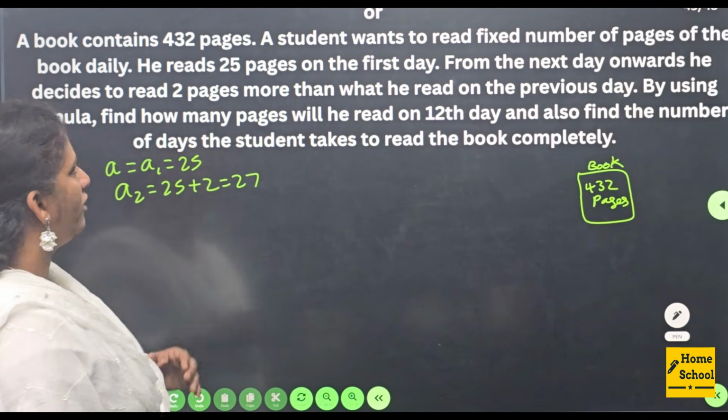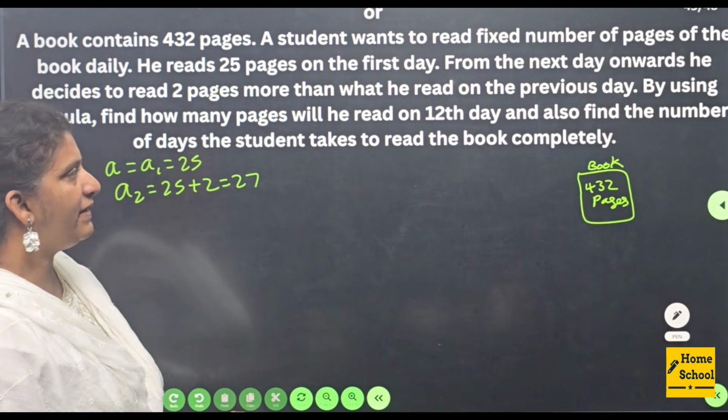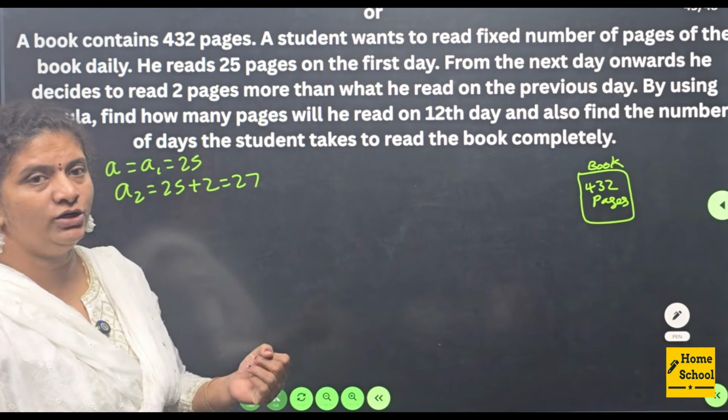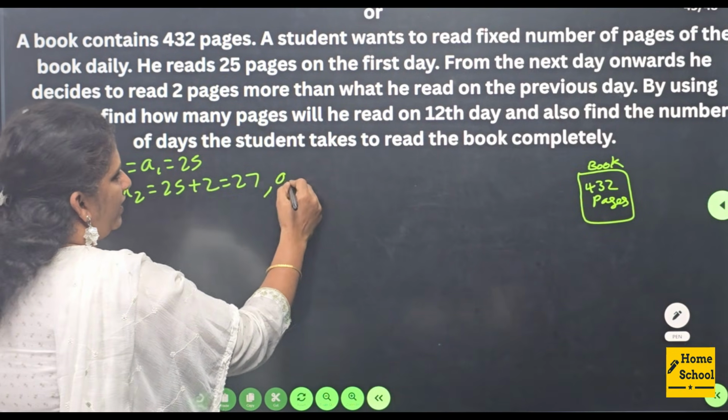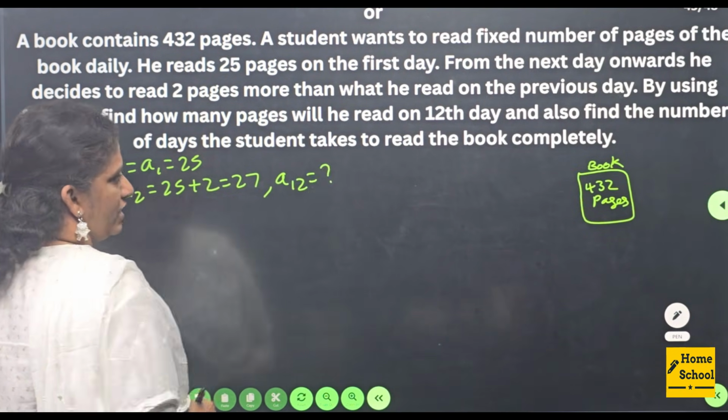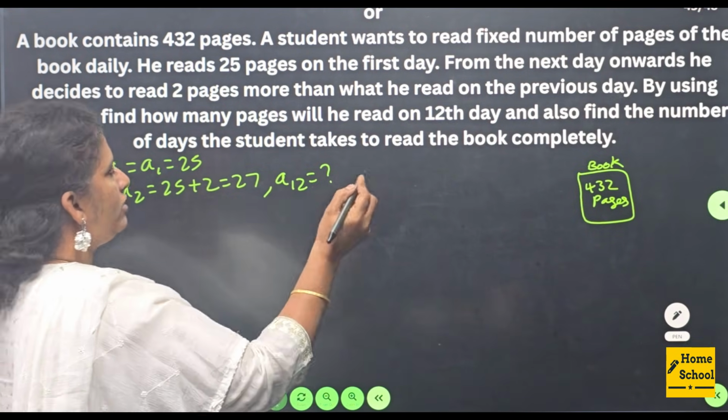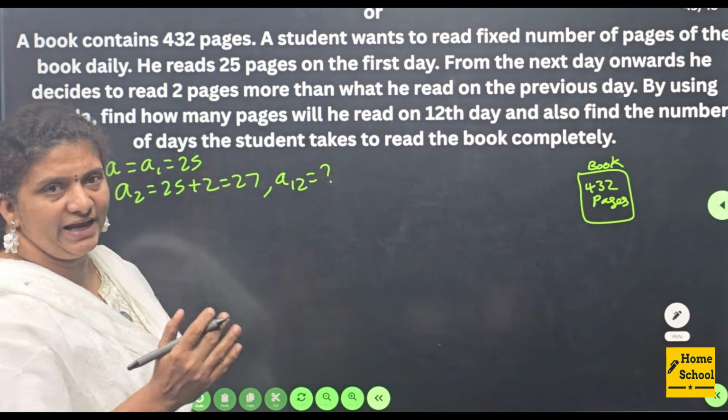By using formula, find how many pages he will read on the 12th day. This is first day, second day, like that. We need the 12th day, so a12 is equal to question mark. And also find the number of days.